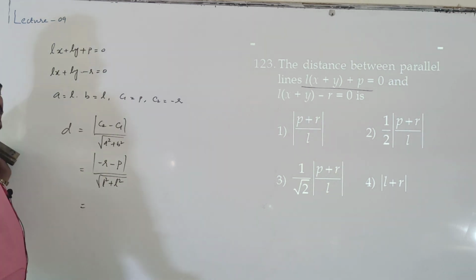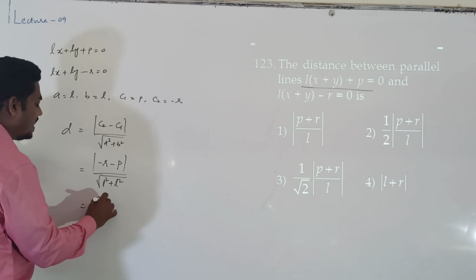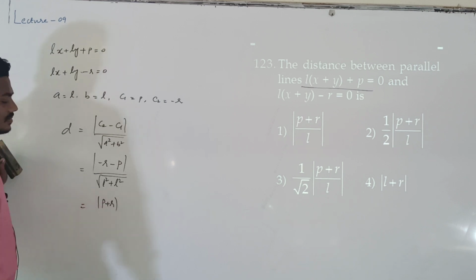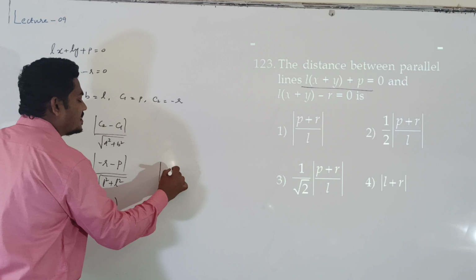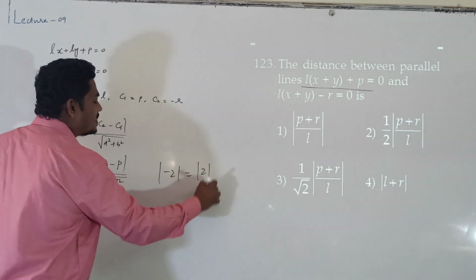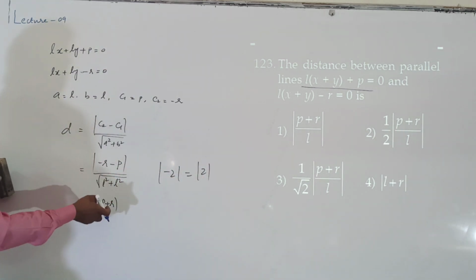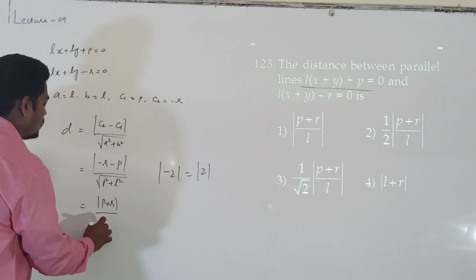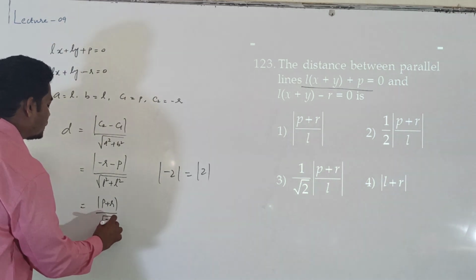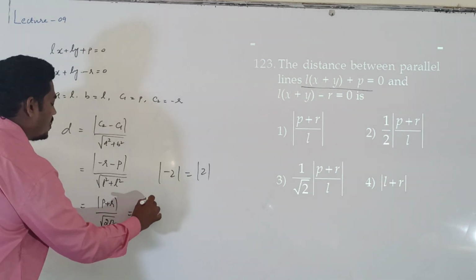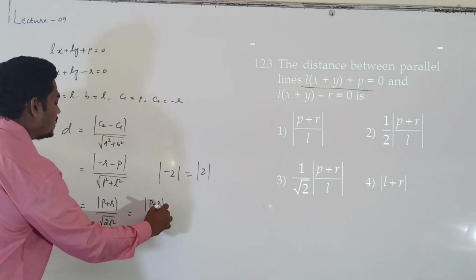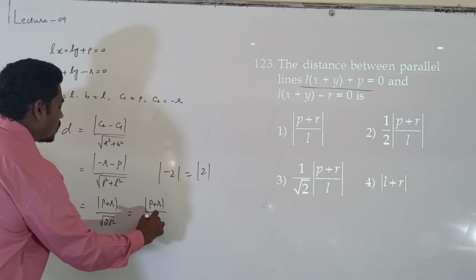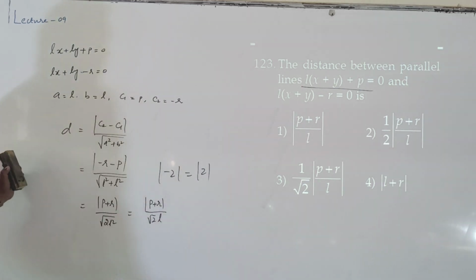Modulus of minus r minus p, we can write as p plus r only, because modulus of minus 2 is nothing but modulus of plus 2. Here, taking the negative sign common, it is modulus of p plus r divided by square root of 2 l square, that's equal to modulus of p plus r divided by root 2 into l.